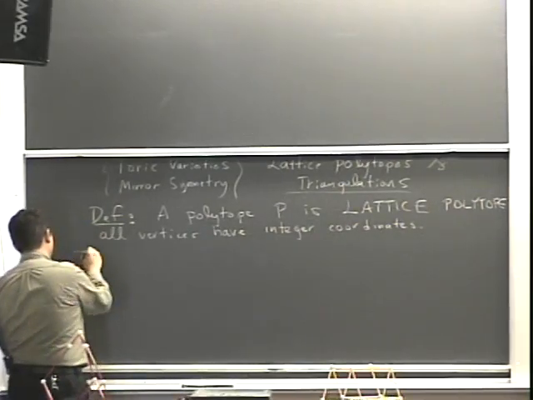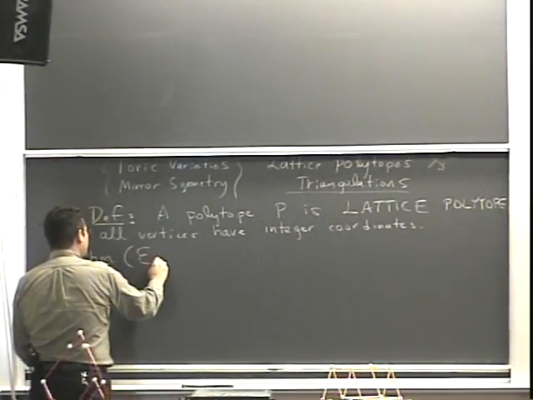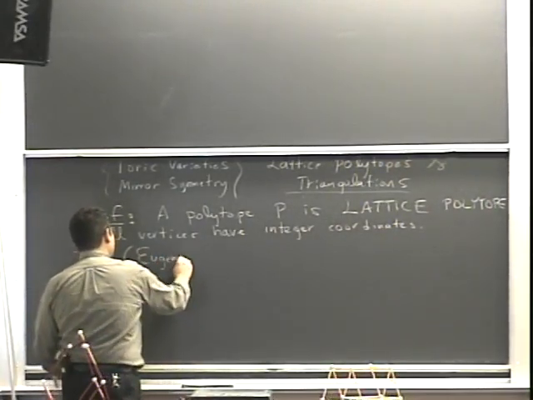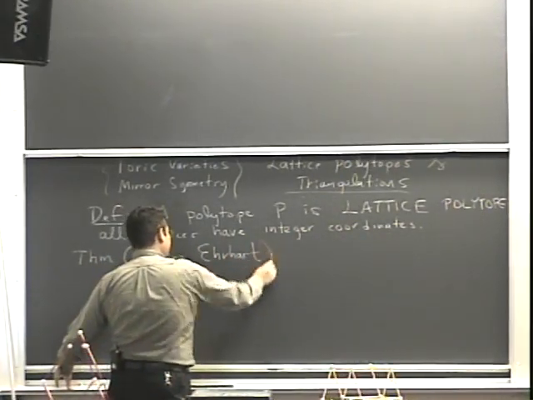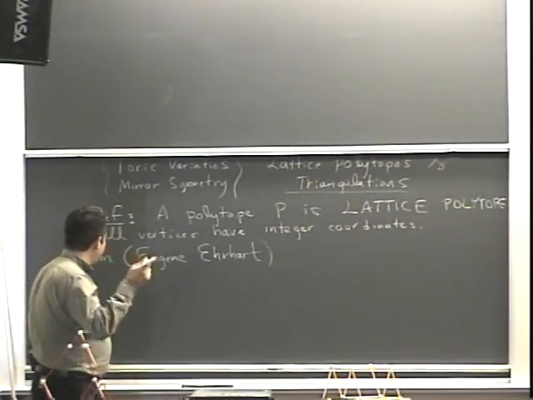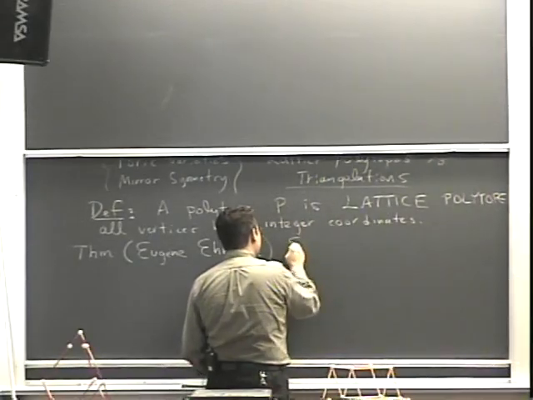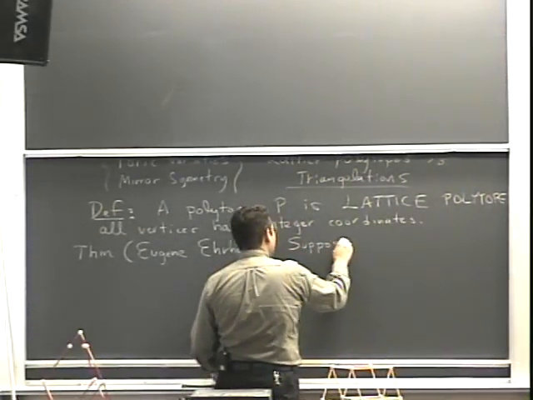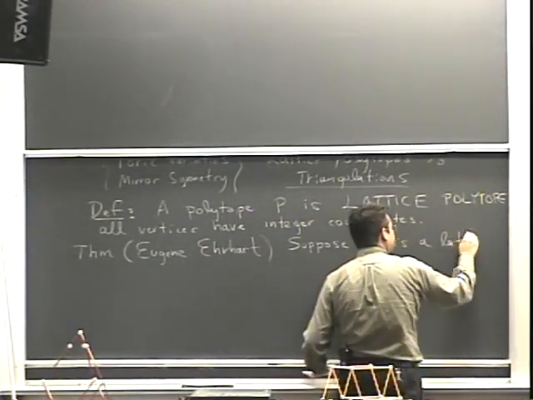It's very, very pretty. The theorem is due to Eugene Ehrhart, and this happened in the 50s or 60s. So the theorem says the following. Suppose P is a lattice polytope.